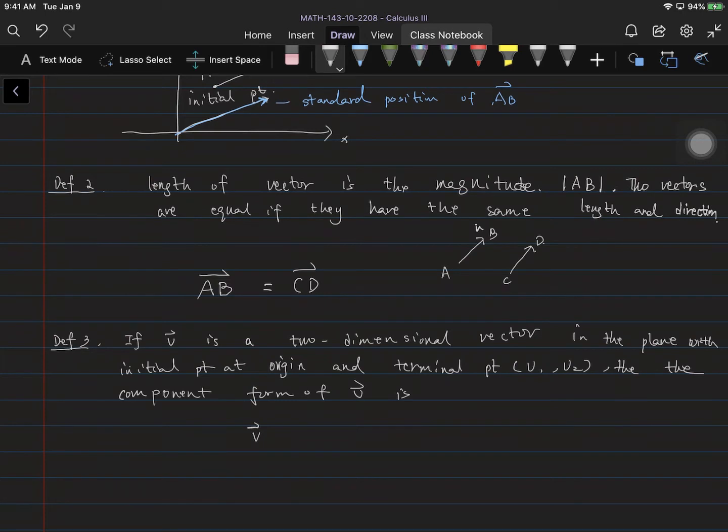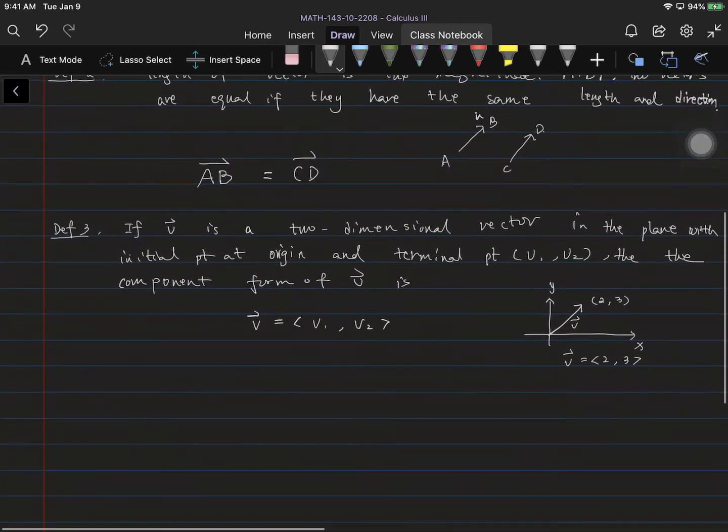So let's take a look. We write down the vector just as V1, V2. For example, if we have a vector that starts at the origin and the terminal point is 2, 3, this is a 2D vector, right? Because it's in 2D. And we express this vector just as 2, 3. That is the component form.